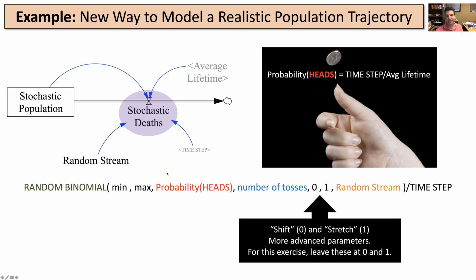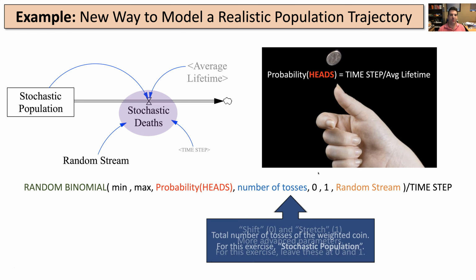These are a little more advanced, so I'm not going to spend much time on them. For these cases, we're pretty much going to leave them always at 0 and 1, but if you get into more advanced modeling of these distributions, this allows you to generate shapes of distributions that may make more sense for your system. But for modeling this particular death process, this is fine. I'm just leaving them at 0 and 1.